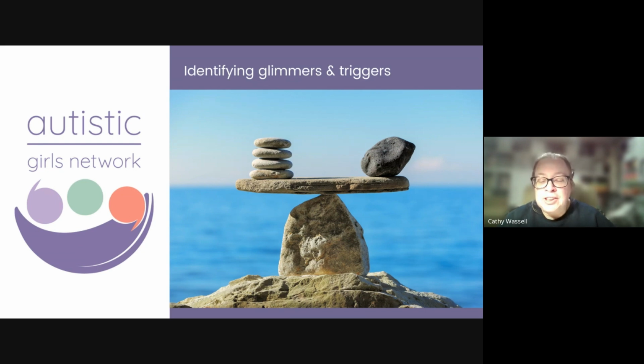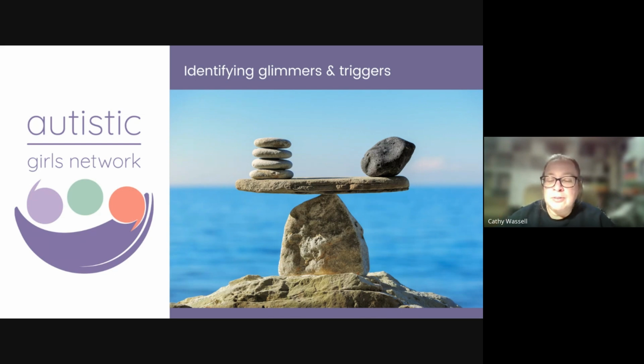And you can get them in little mini packs, mini candles, or you can get them in like car air freshener type things. And she would have it in a plastic bag in her school bag, and when she needed to, she could just have a quick sniff. And for her, that was a glimmer. It was a nice smell that she had. So that was one of her glimmers.